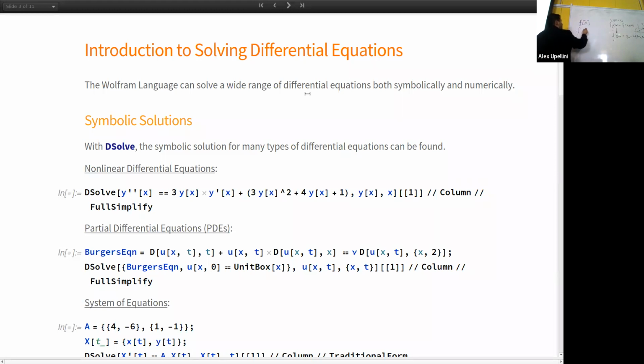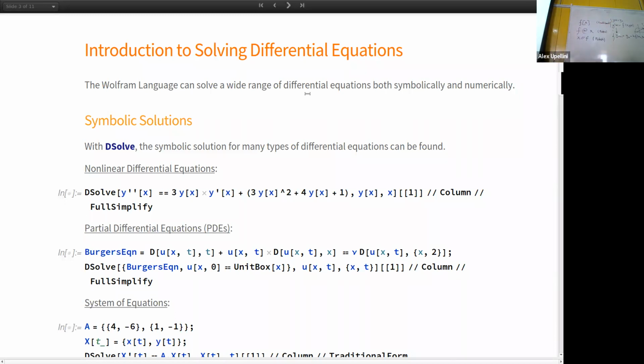You can do it with the at sign, or you can do it with the postfix notation, which is like this. This is the prefix. And this is the traditional. So they do the same.